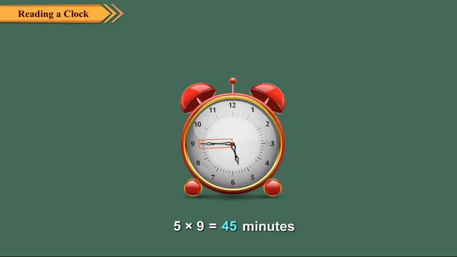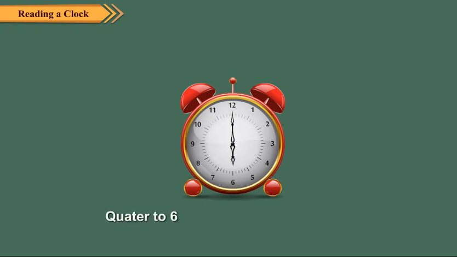It means the minute hand has yet to travel 15 minutes or 1/4 to reach the next hour of 6. So the time is 5:45 or 5.45. So far we have been reading time to 5 minutes correctness.